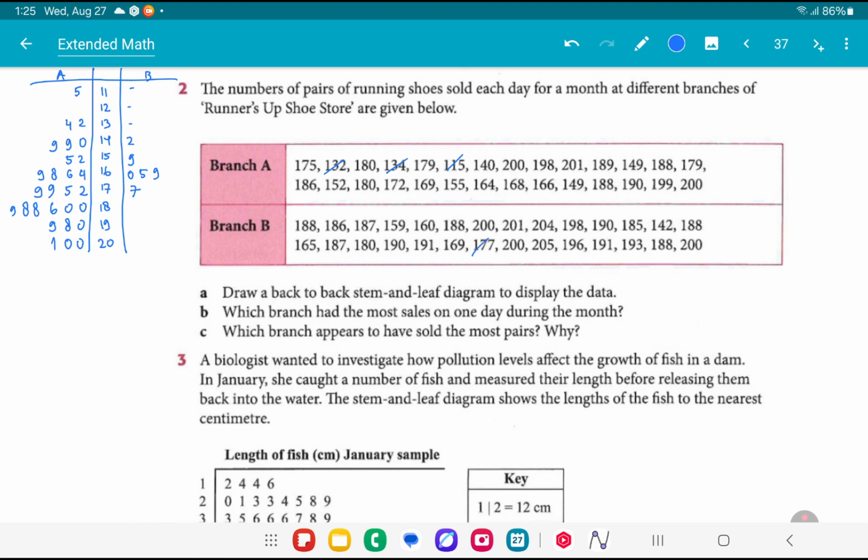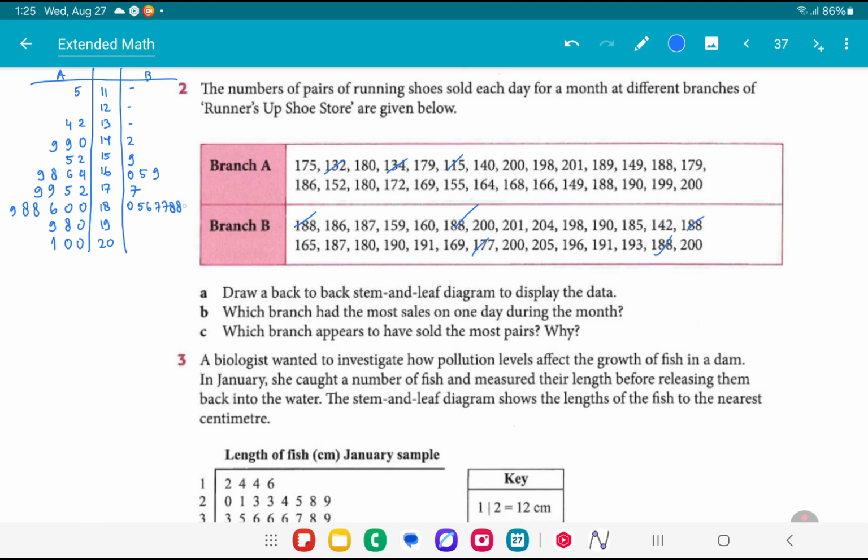And then 180, the smallest one, 185, 187, 186, and 187 two times, and 188. 1, 2, 1, 2, 3, and 4.